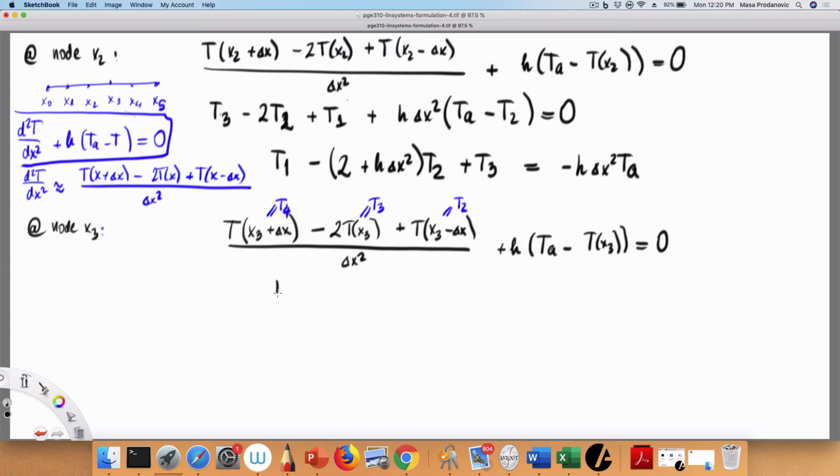I'm going to multiply with delta x squared: T4 minus 2T3 plus T2 plus h delta x squared (Ta minus T3) is equal to 0.